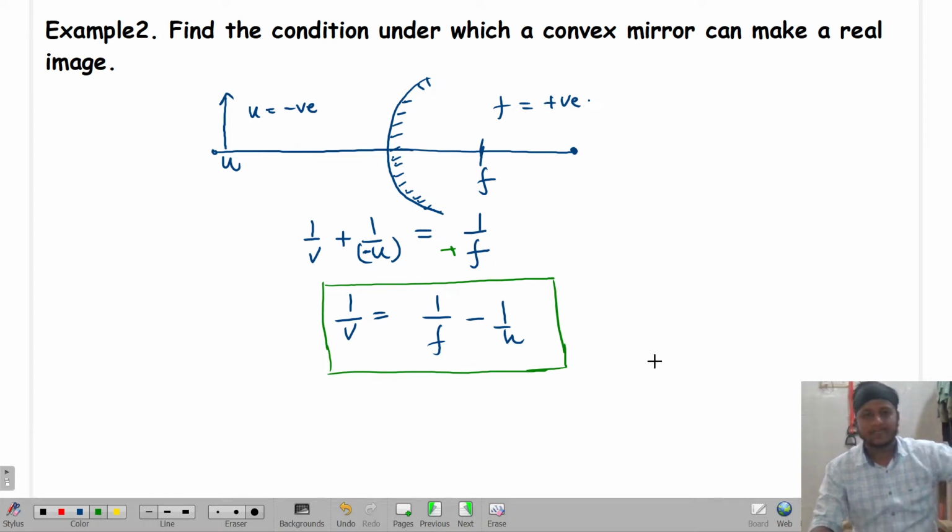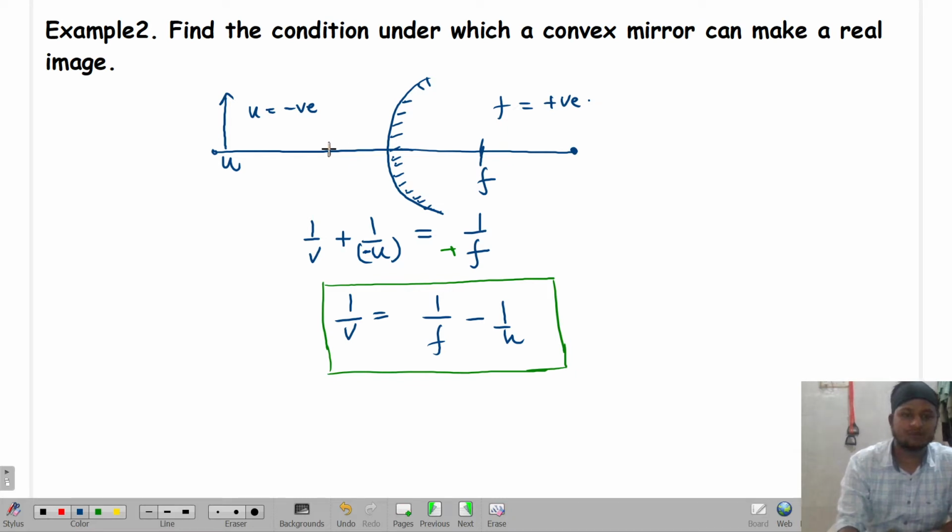Next important thing: this was the main formula which I got from here. Now look over here, this was the main condition. Now we know that to form the real image it should be formed on this side, along the direction of the incident rays.